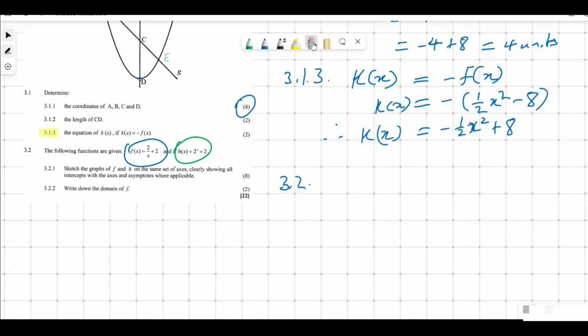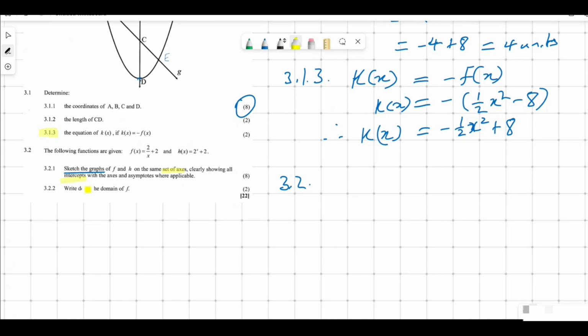I want us to look at the question. So we need to sketch a graph of f and g. So we're going to sketch these two graphs on the same set of axes. So this is very important to us. On the same set of axes, clearly showing all intercepts.